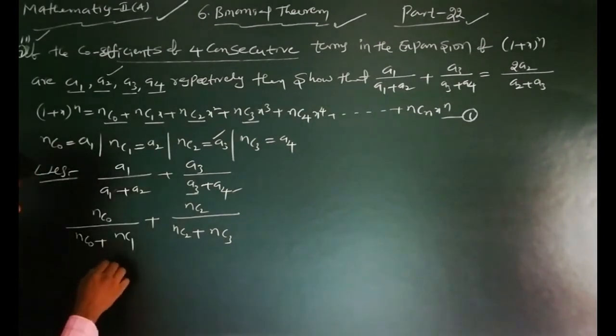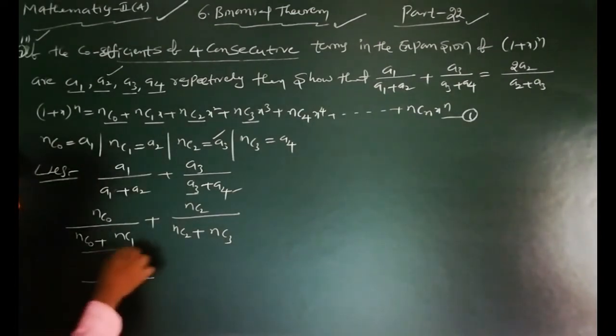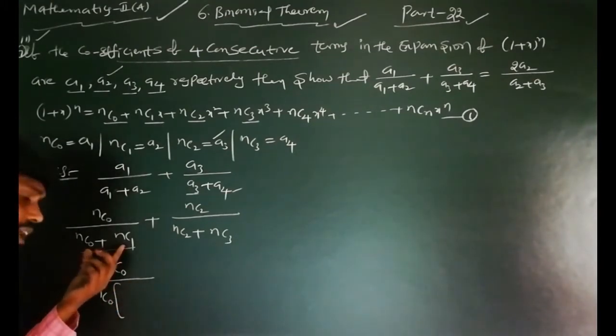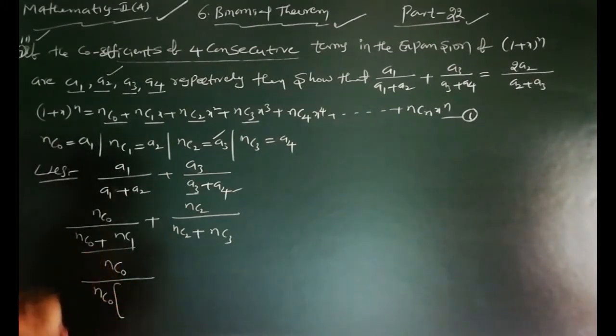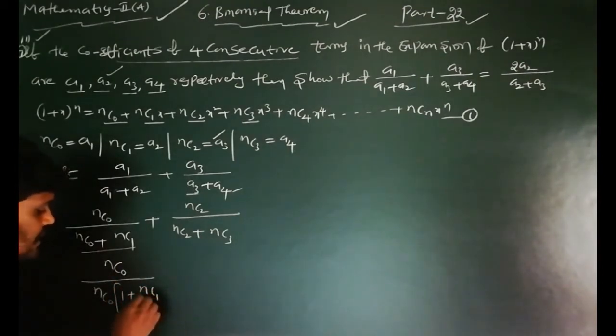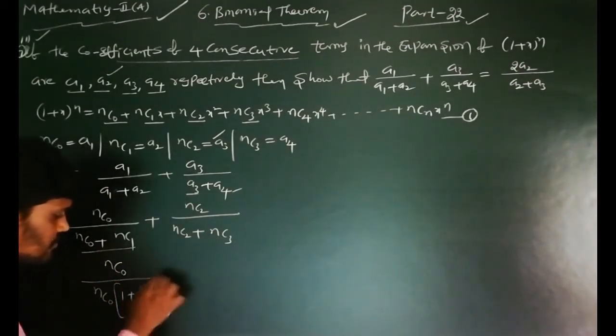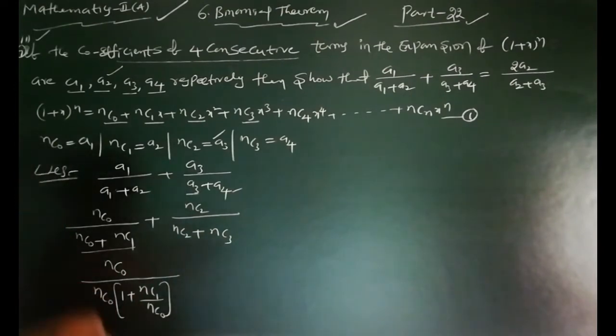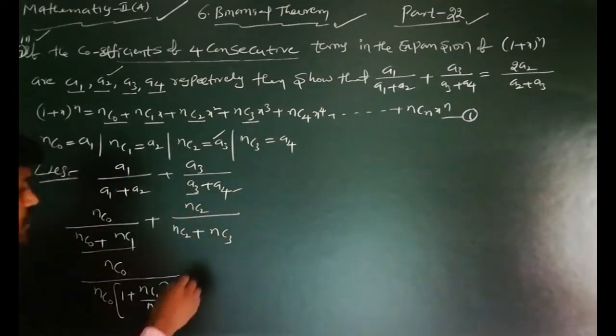After that, in the first denominator you can take nC0 common: nC0 times (1 plus nC1/nC0). Correct or not? Then nC0 into 1 is nC0, and nC0 into nC1/nC0 gets cancelled, you get nC1.